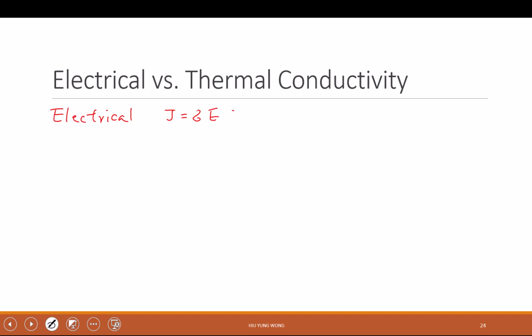What is J? It is the current density. What is the unit of current density? Ampere per meter square. Very good.